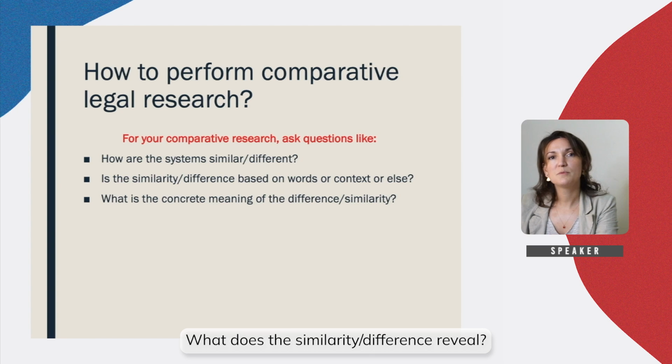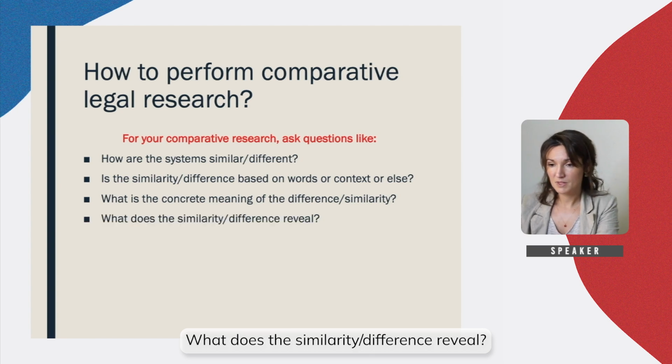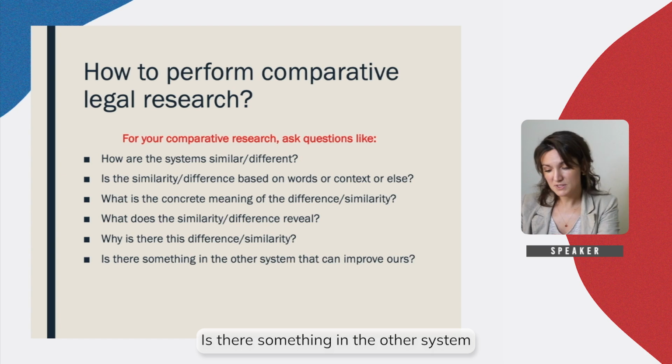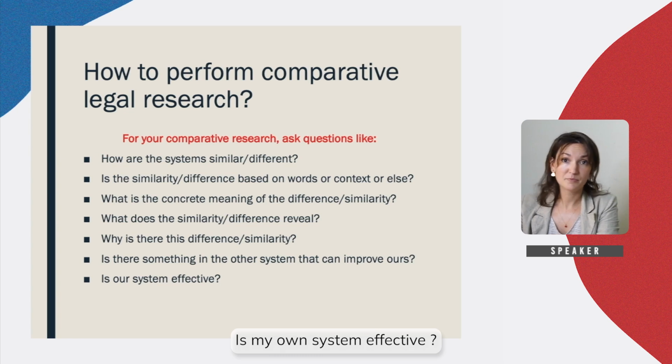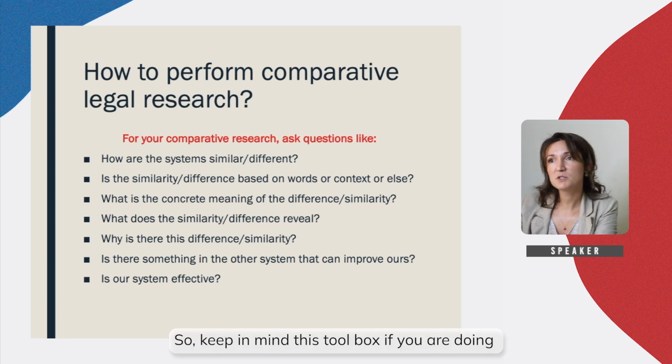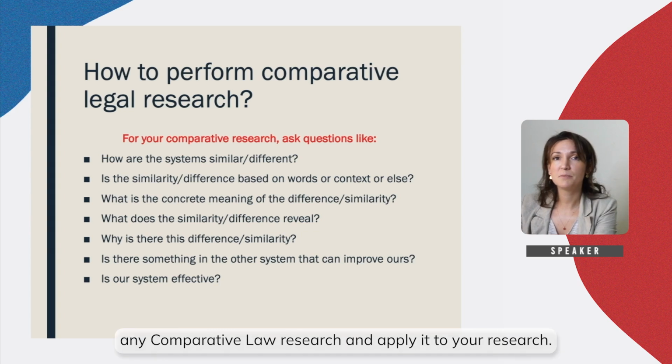What does the similarity or difference reveal? Is there something in the other system that you're studying that can improve your own system? Is my own system effective? So keep in mind this toolbox if you're doing any comparative law research and apply it to your research.